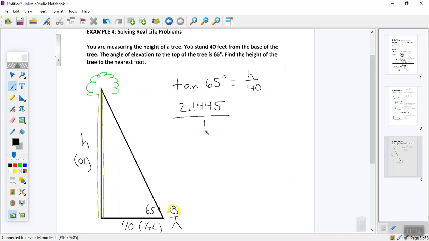Do you guys expect that this tree will be higher than 40? Higher. Okay. When I cross multiply and divide there, I've got a height of about 85.78 feet, and depending on how you round, it's okay.